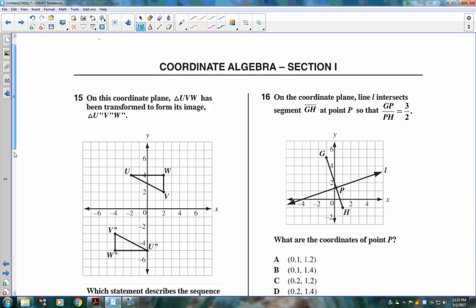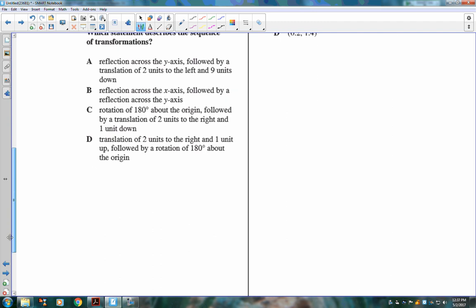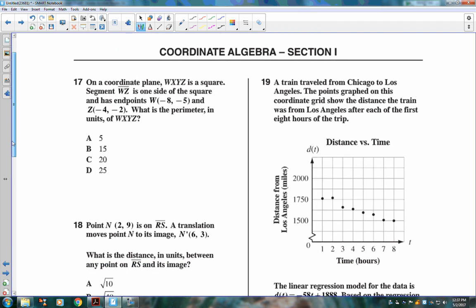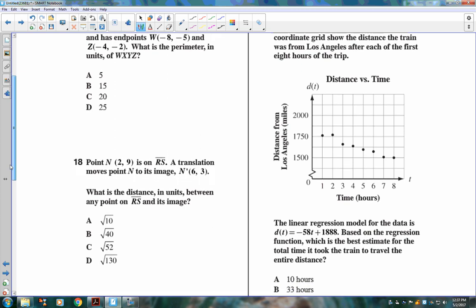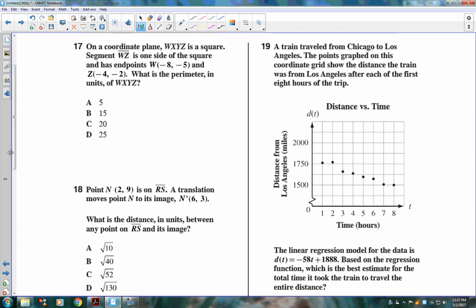Okay, 15. Oh, you didn't have 15, 16, 17, or 18. So we're going to skip over to 19. Okay, it says a train travels from Chicago to Los Angeles. The points graphed on this coordinate grid show the distance the train was from Los Angeles after each of the first 8-hour trips.